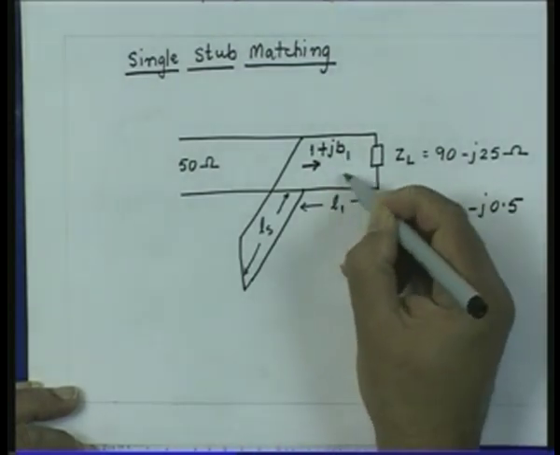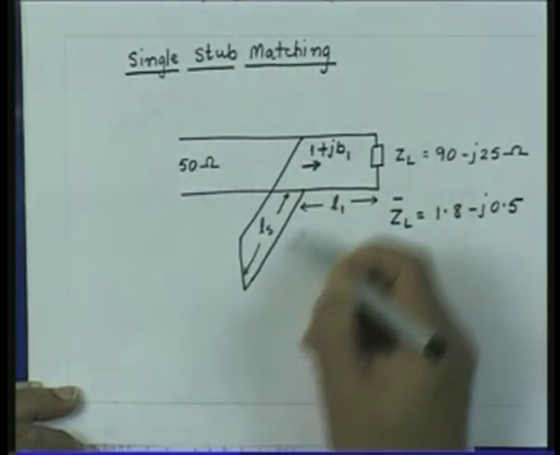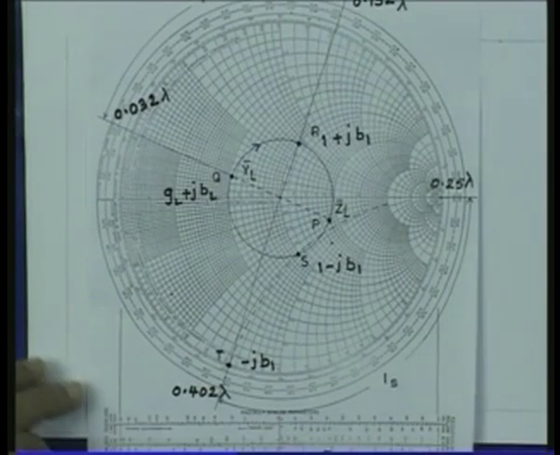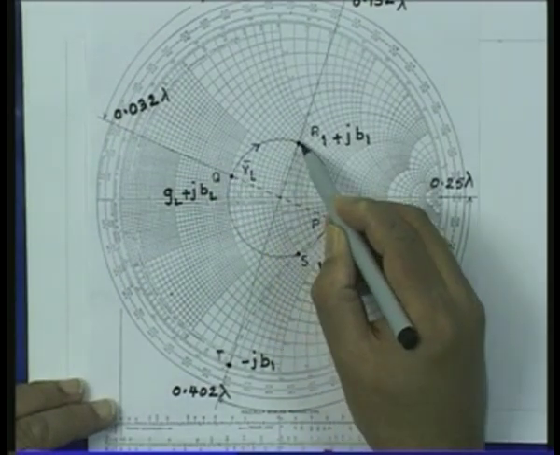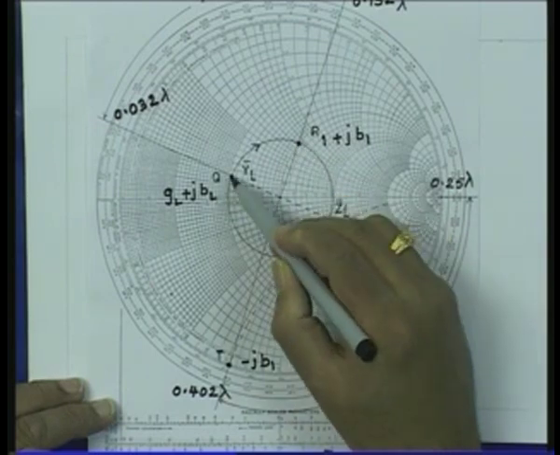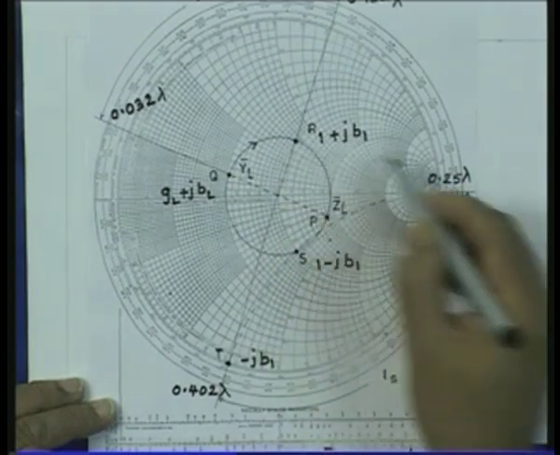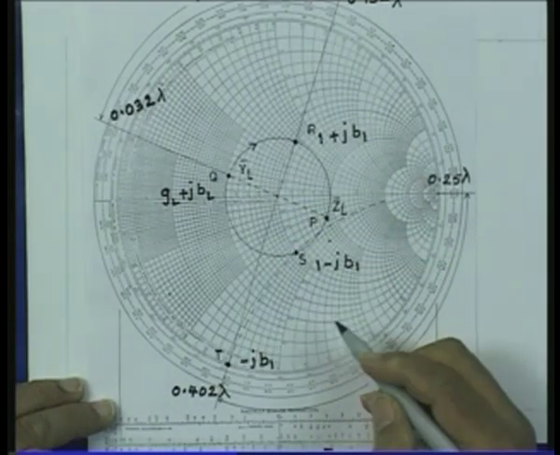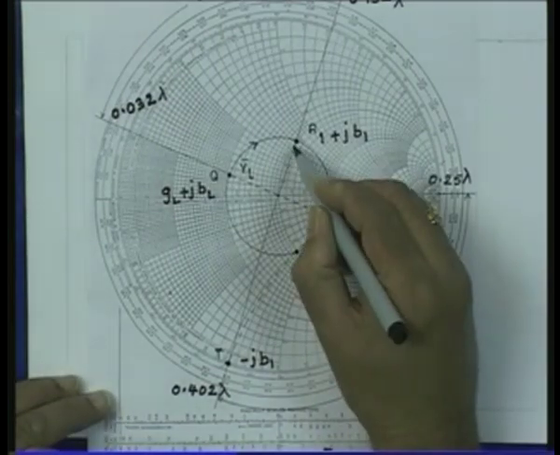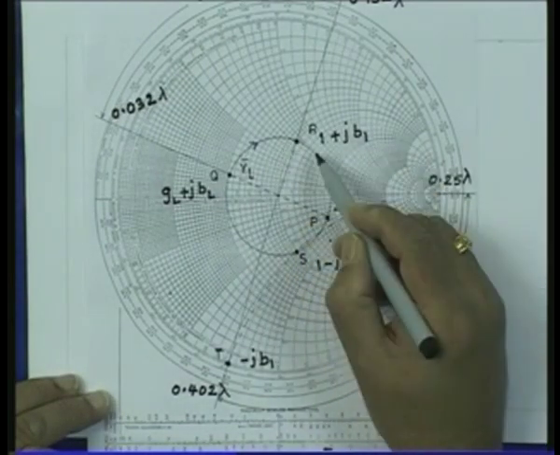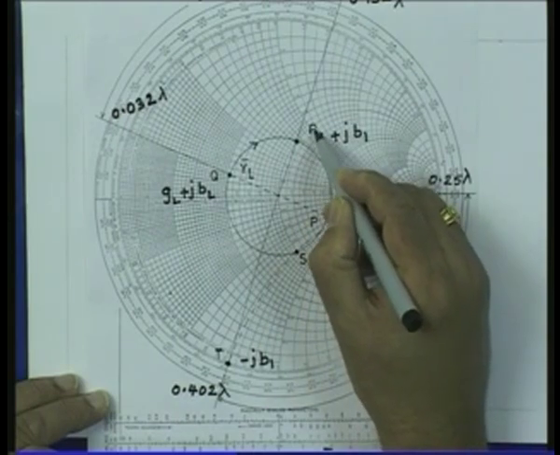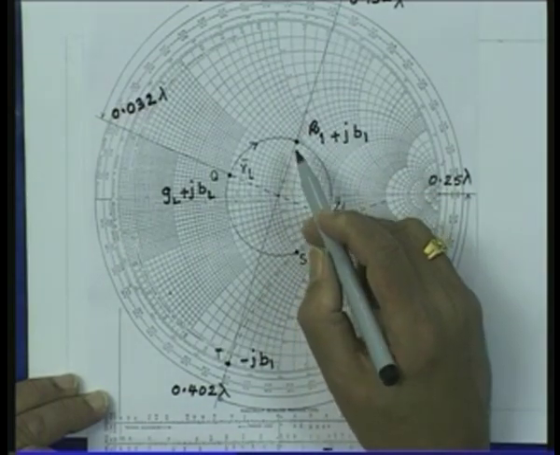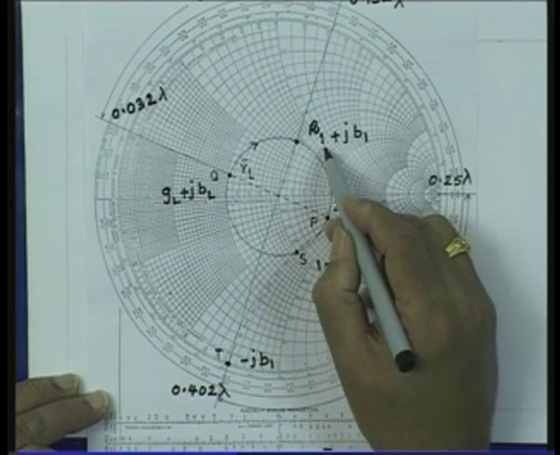Whatever the susceptance part is, you cancel it out by placing a stub in parallel with the main transmission line. So, here first we move on this constant VSWR circle up to a point where it intersects the constant conductance G equal to 1 circle. So, this point is R. The admittance corresponding to this point is 1 plus jB1.